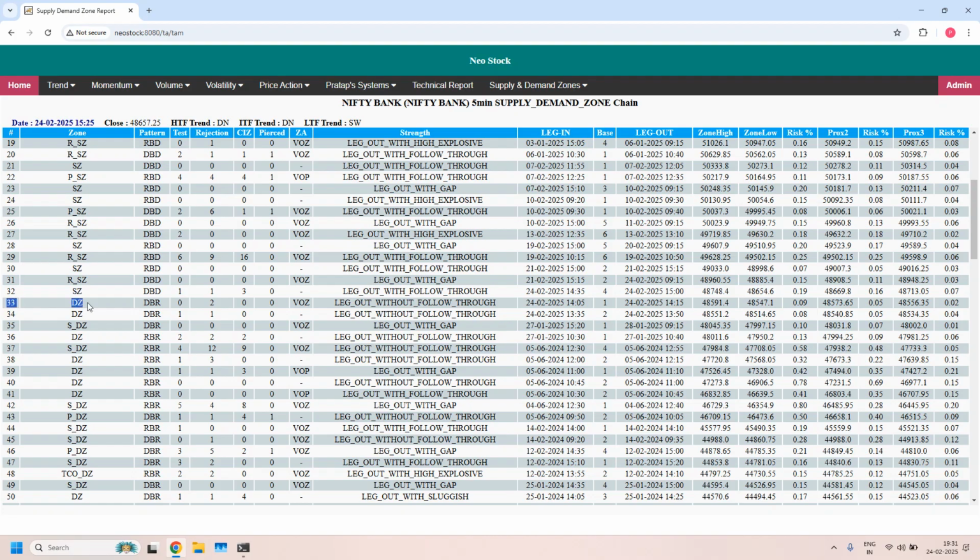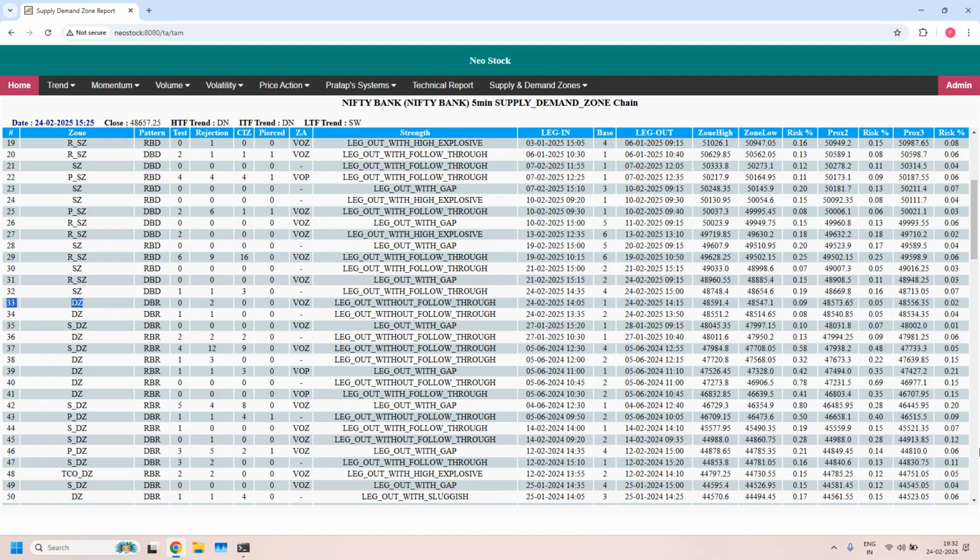Serial number 33 is the nearest 5 minutes demand zone to the current closing price. Similarly, 32 is the nearest supply zone to the current closing price. That means price is closed in between this supply zone and this demand zone. This is how we should understand.